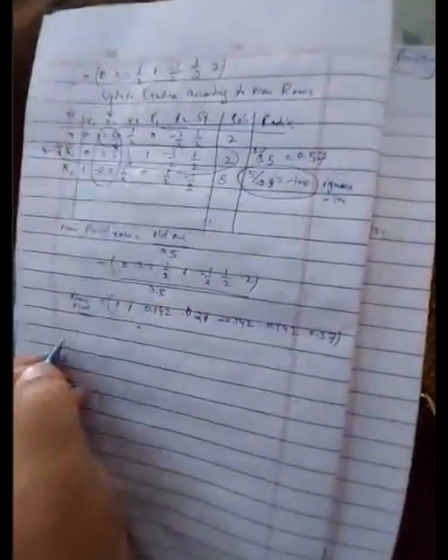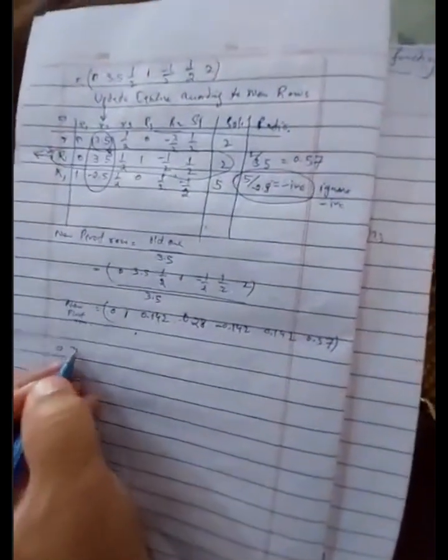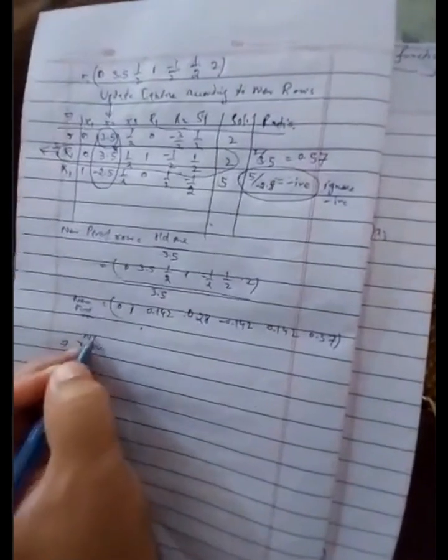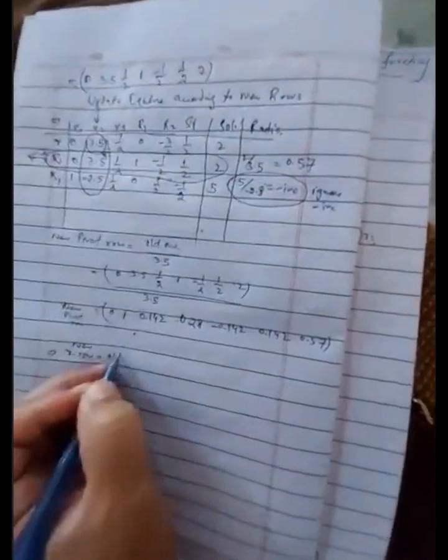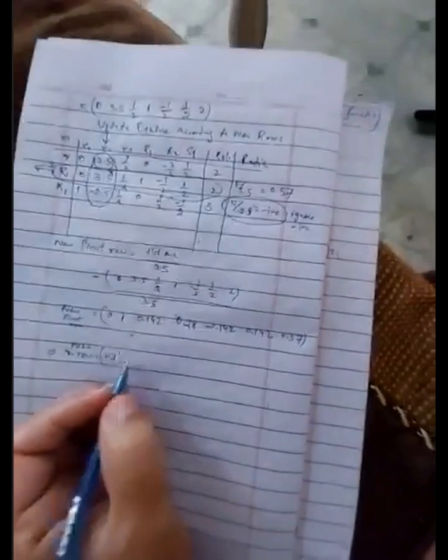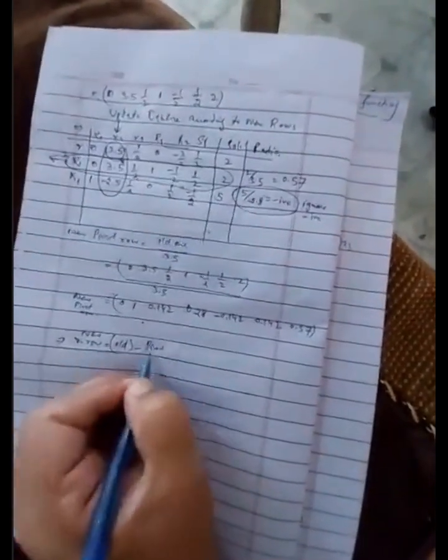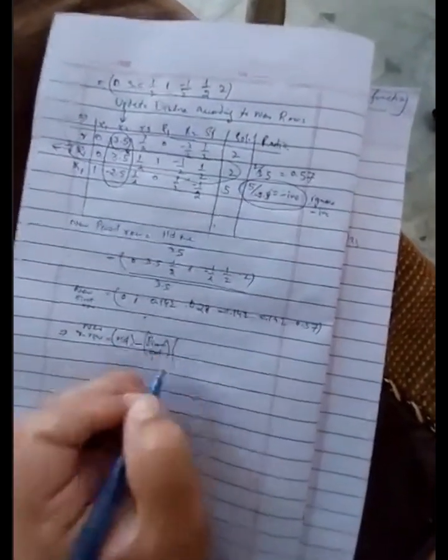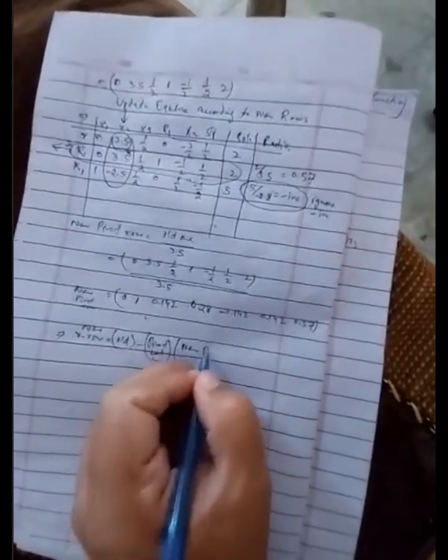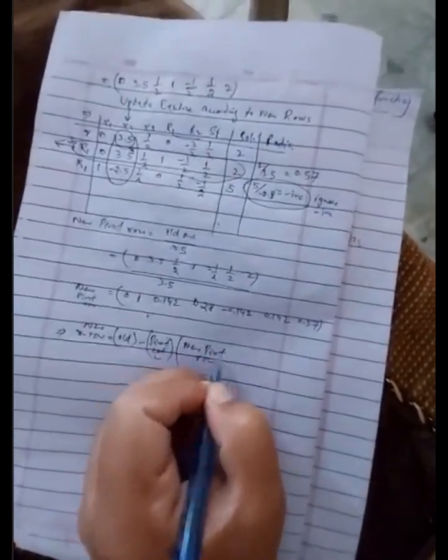Okay, so now we will update the R row. The new R row is equal to old minus pivot column coefficient into new pivot row.